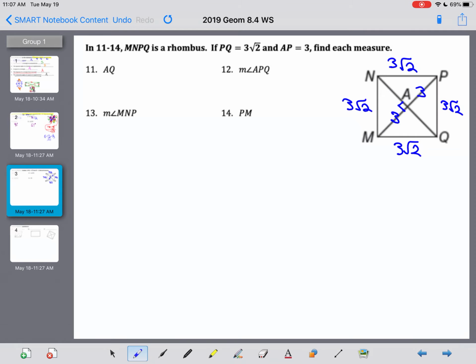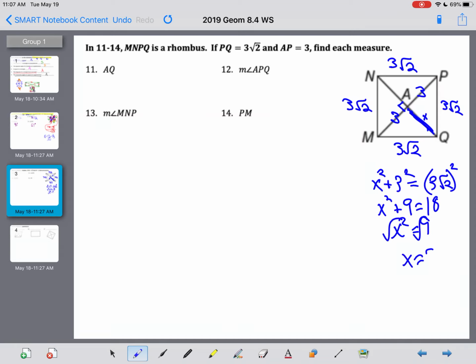Those are 3, and if I'm looking for this piece right here, I'm going to call it x. X squared plus 3 squared equals 3 root 2 squared. X squared plus 9 equals, when I square that in my calculator, 18. I subtract that 9 over. I square root, I get x equals 3. So these are all 3. So this really is a square, but still in the rhombus family.